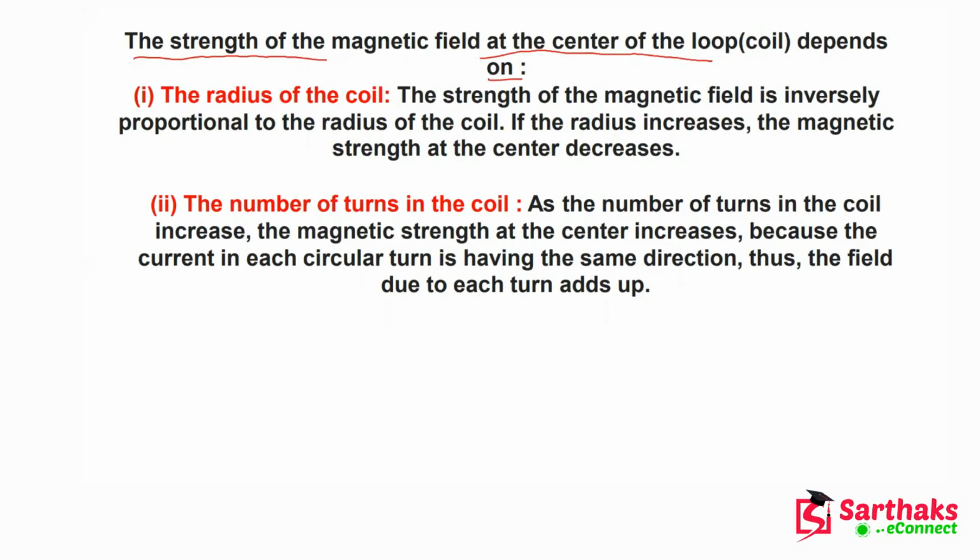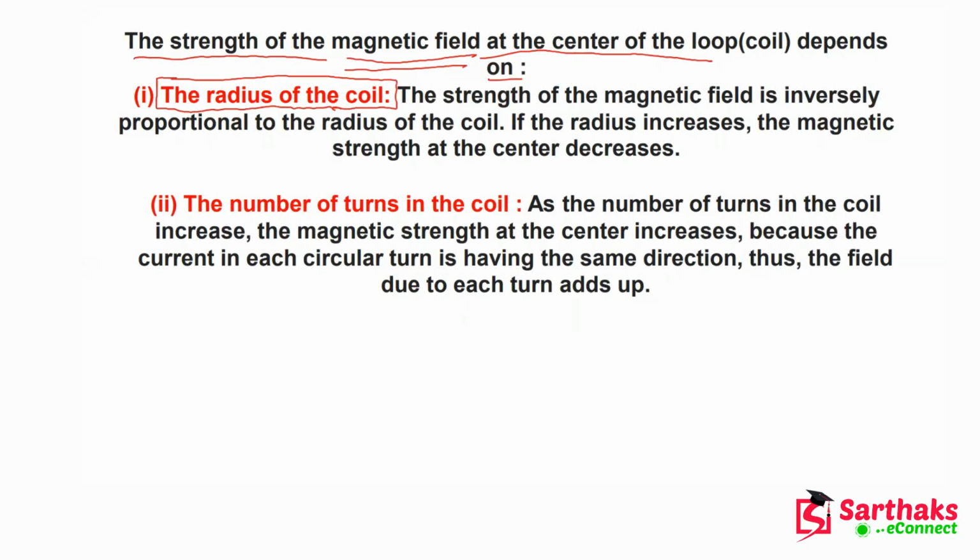Not magnetic field lines, the strength of the magnetic field. The first thing is the radius of the coil. The strength of the magnetic field is inversely proportional to the radius of the coil. If the radius increases, the magnetic strength at the center decreases.